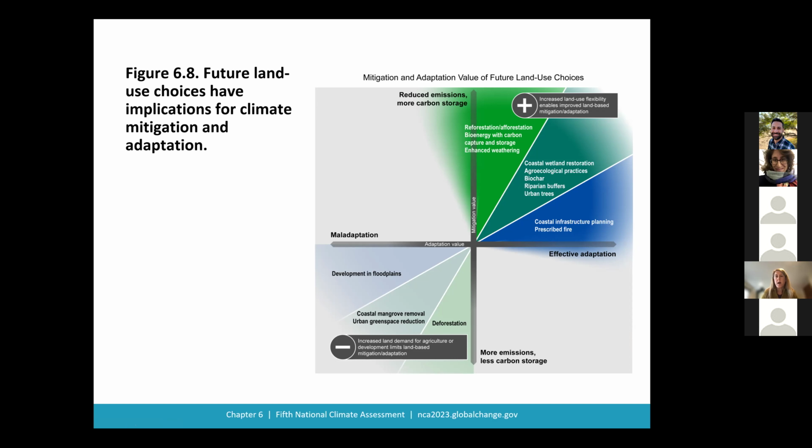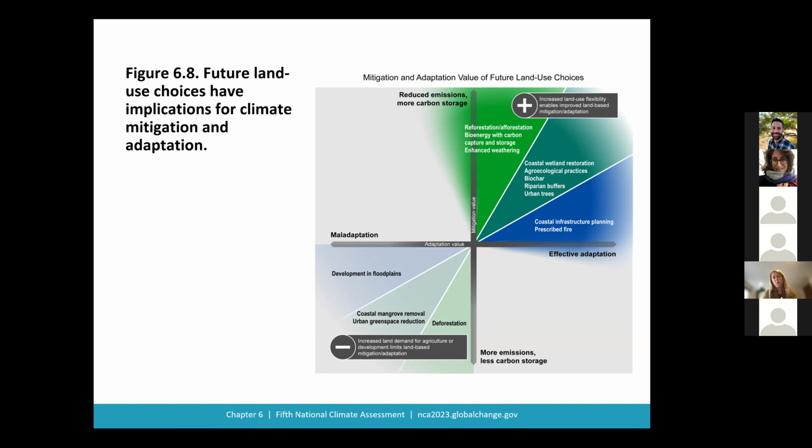So the top right quadrant of the figure shows some of the future land use choices in different colors, with the green ones representing future land use choices that are headed towards mitigation of climate change, such as reforestation or afforestation, and bioenergy crops using carbon capture and storage as well.